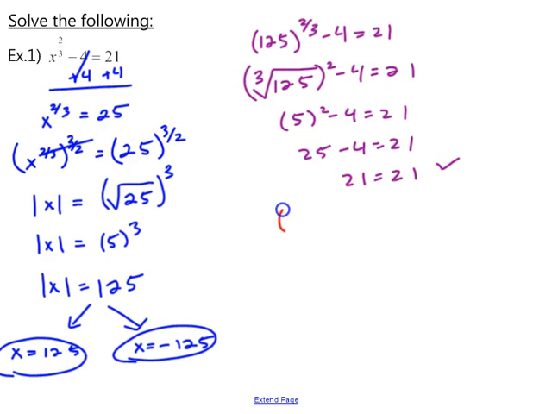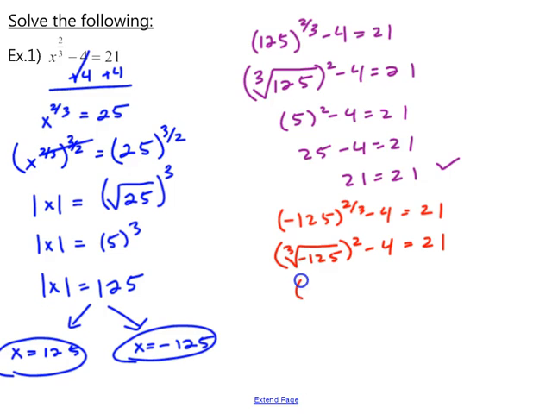Now let's check the second one. Negative 125 raised to the 2/3 minus 4 equals 21. So we'll change this again into radical notation. The cube root of negative 125 squared minus 4 equals 21. So the cube root of negative 125 is negative 5.